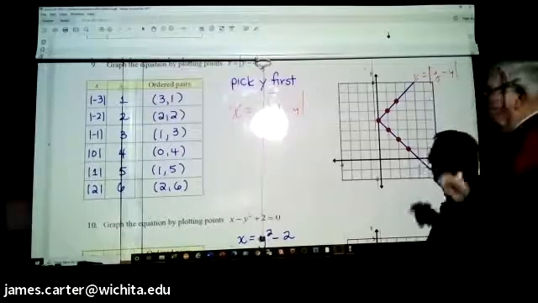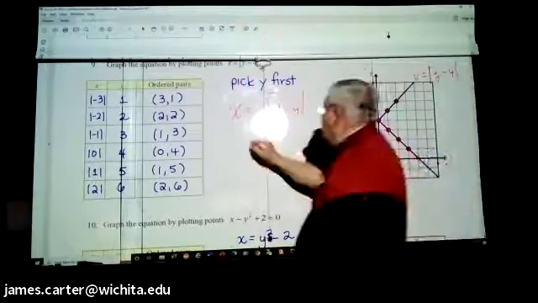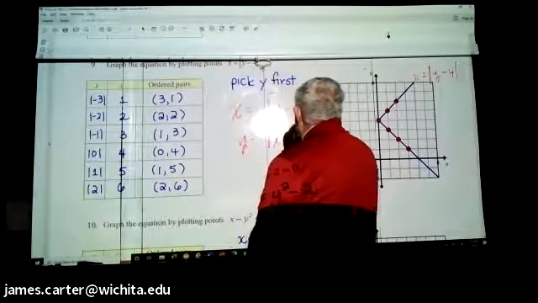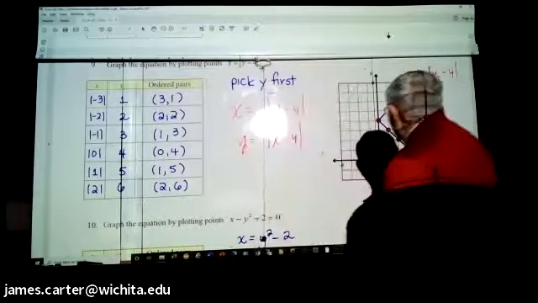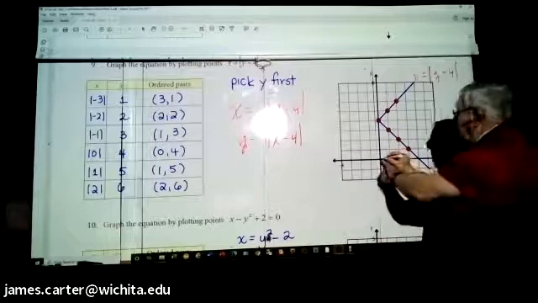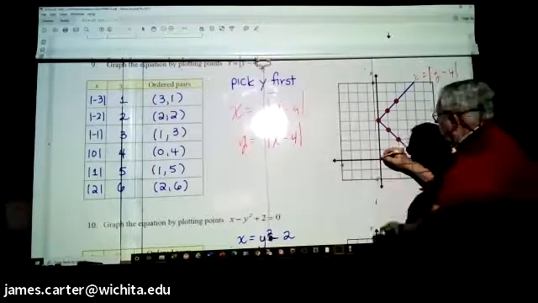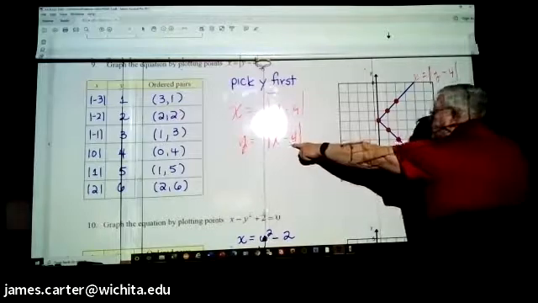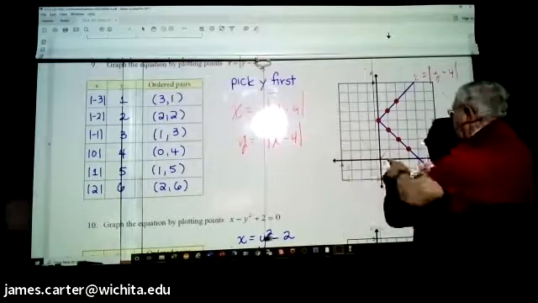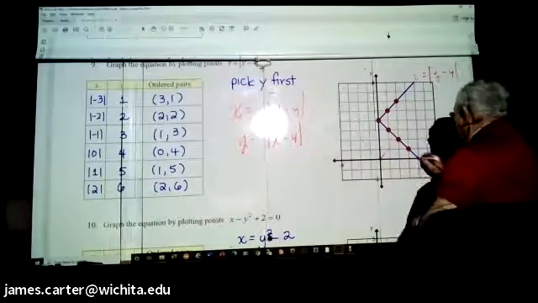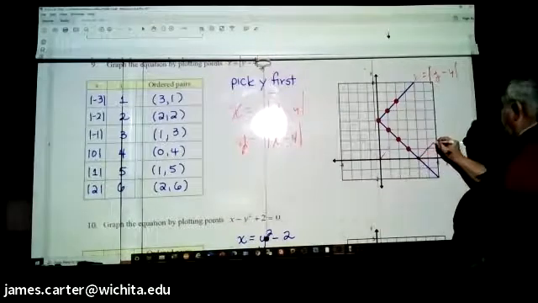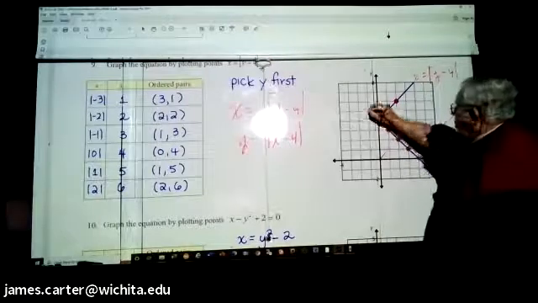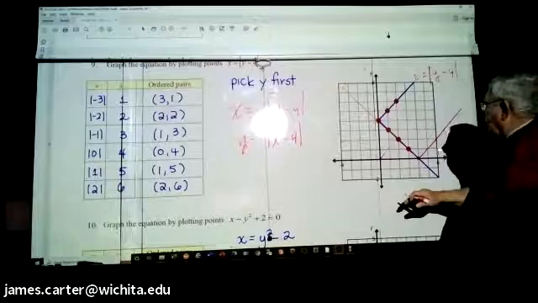Now, if we had the equation y equals absolute value x minus 4, then it would be one that starts here, but shifts 4 places to the right. 1, 2, 3, 4. So in other words, it would go up like this and likewise like that.